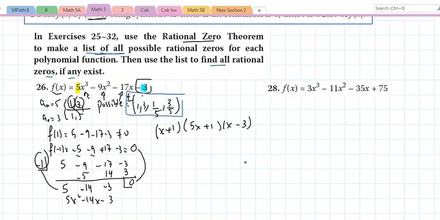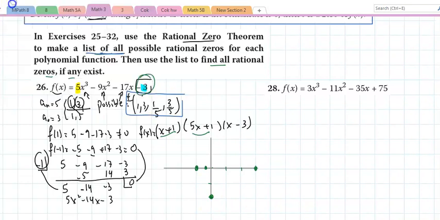Since you're going to be asked to graph this, I'm going to graph it as well. If I want to graph f of x, what are the zeros? Negative 1, 3, and negative 1/5. What's the y-intercept? Negative 3.